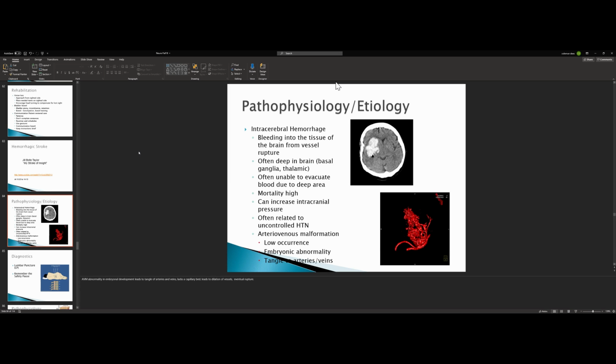Now, the hemorrhagic stroke and the ICH, or the intracerebral hemorrhage, are fairly synonymous terms. This is when you bleed into your brain tissue secondary to the rupture of a vessel.